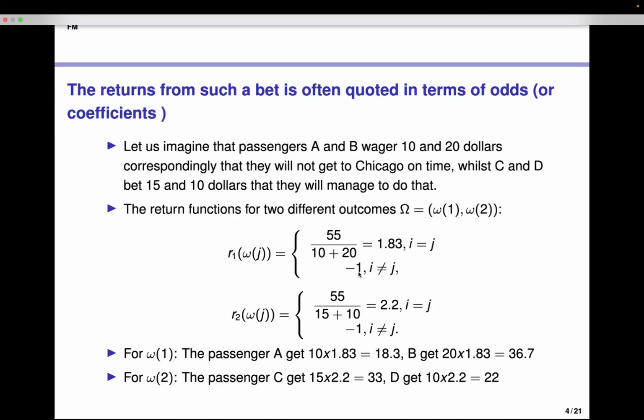Yes, it's easy. For the second scenario, passengers C and D win, but A and B lose. So we can compute the sum of what passengers C and D get. Yes, it is similar to the first scenario.